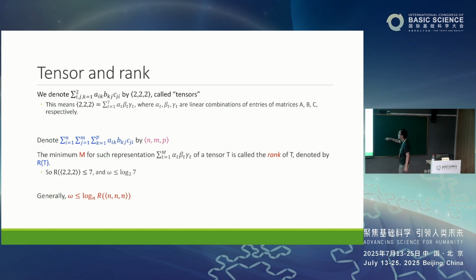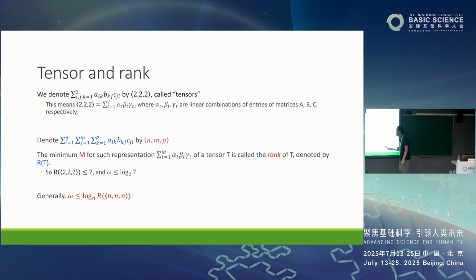So this one is the matrix multiplication tensor. Similarly, we can denote this one: let's say i from 1 to n, j from 1 to n, k from 1 to p, the n by n by p tensor.